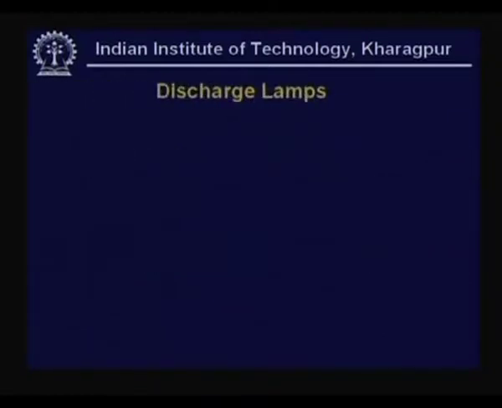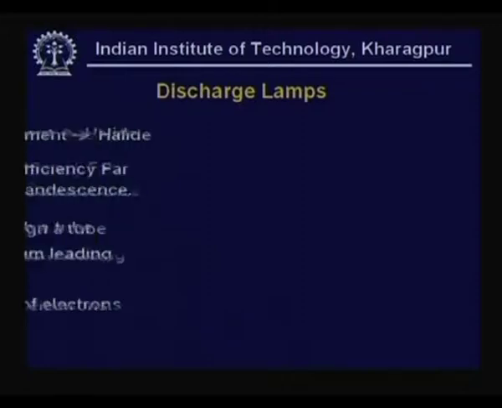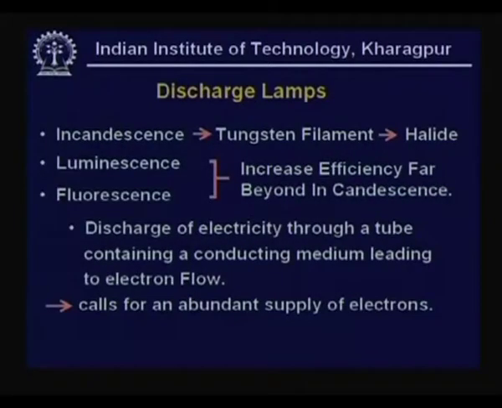So, this is the issue that we are trying to use various physical processes, as already told in earlier lectures, that one is the incandescent, which we saw extensively in the last lesson, employing tungsten filament.